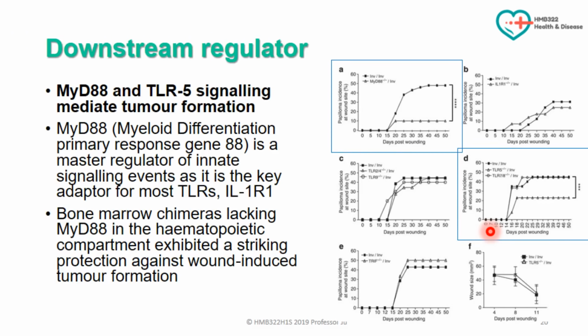So why are we talking about MYD88 and TLR5? If we are trying to make this link between wound healing, chronic wounds, the immune system, and its activation, we've done a pretty good job up until now.